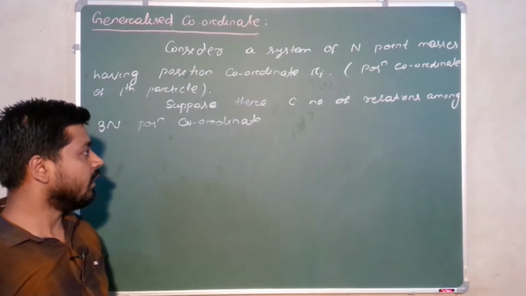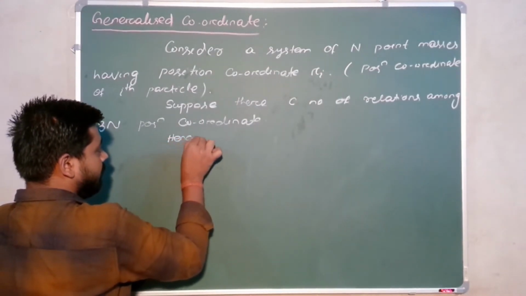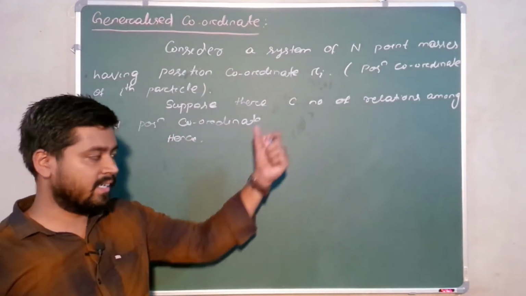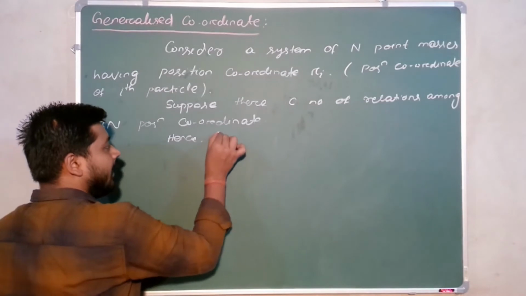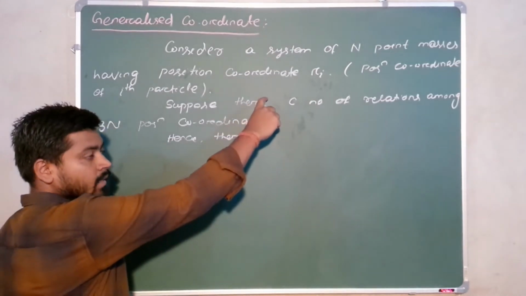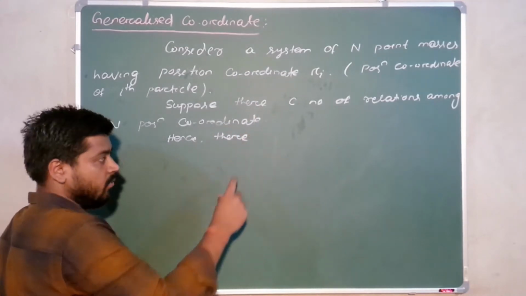Okay, then hence we have 3n dimension and C constraints. Hence there are degrees of freedom, and in this stanza we write down the degrees of freedom. Just see.